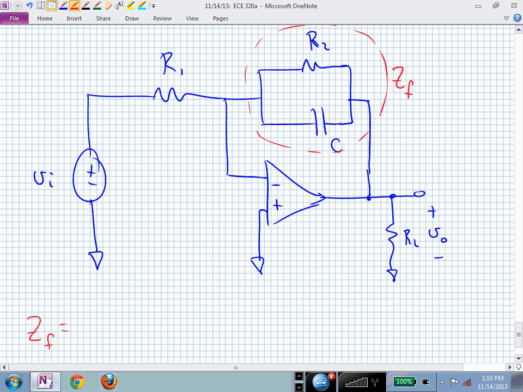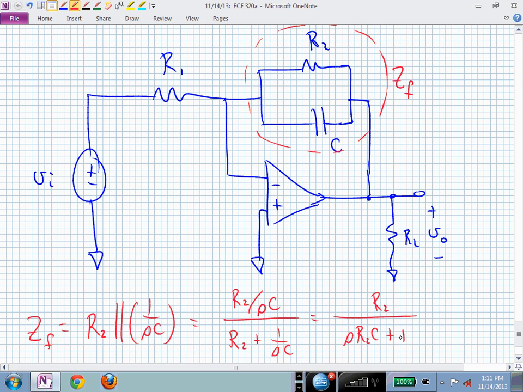And I'm doing it in the S-plane, so I now have R sub 2 in parallel with 1 over SC. And that's this R2 over SC, where I'm multiplying the two impedances. And then I add the two impedances, which if I put them all over a common denominator in the numerator and denominator and cancel that SC, I end up with R sub 2 over S R sub 2 C plus 1.